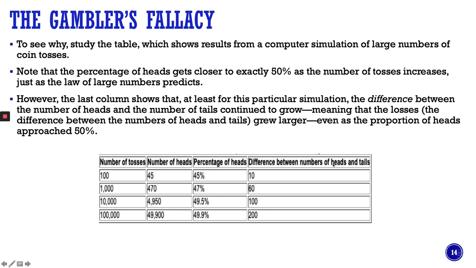The difference between the number of heads and tails: here there was 10, here was 60, here was 100, here was 200. Now, even though the number gets larger, it's out of a larger number. So you can see that it's changing, but the percentage is about the same.